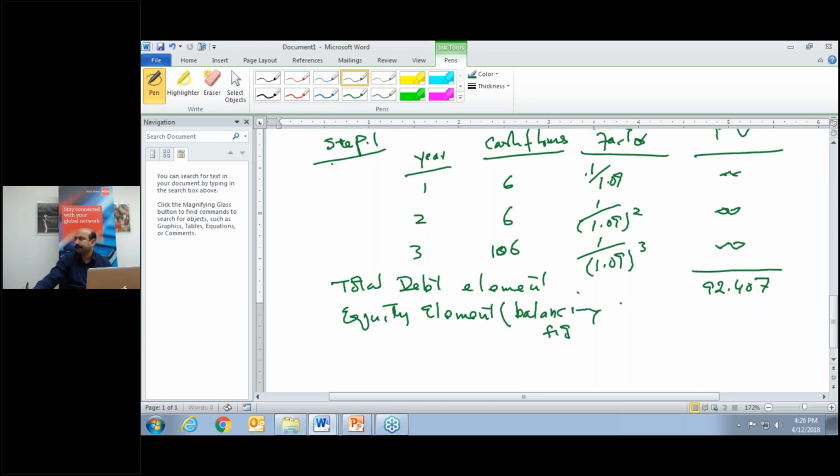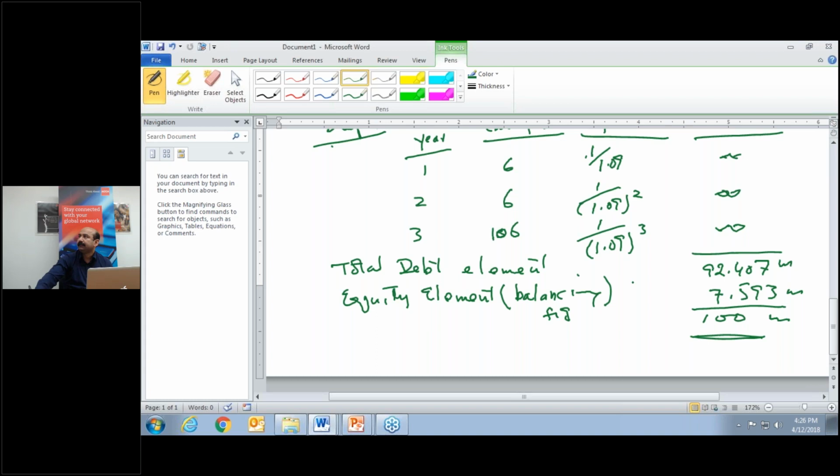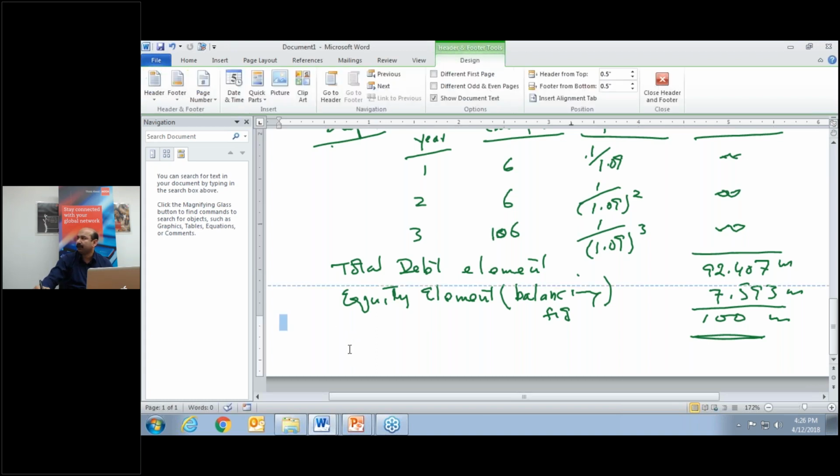And that is the difference of 92.405. Okay, fine. Thank you very much. And this will become 7.593. Of course, all figures are in million. So this is basically the equity element. So this is something normal.